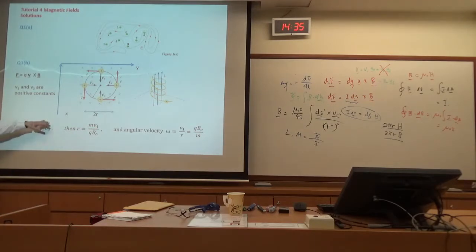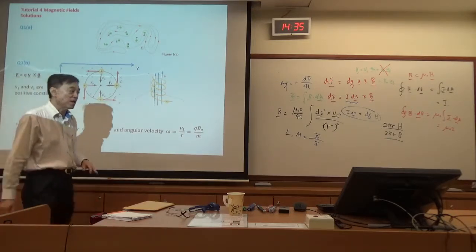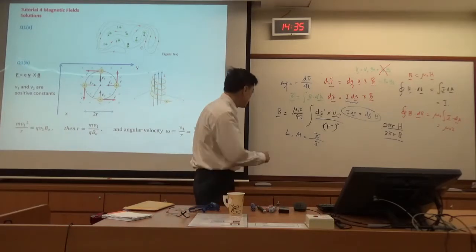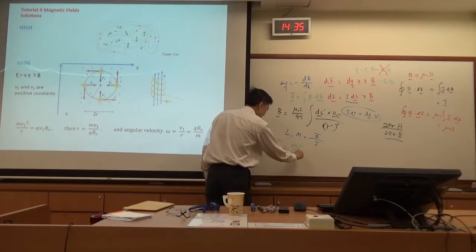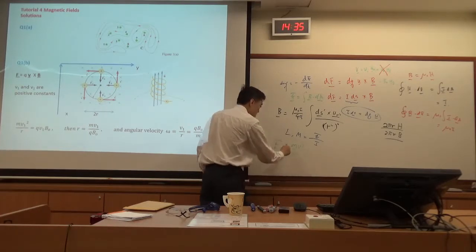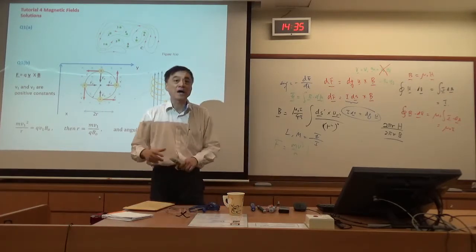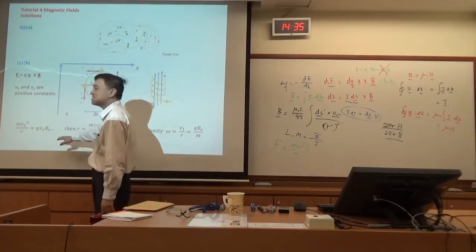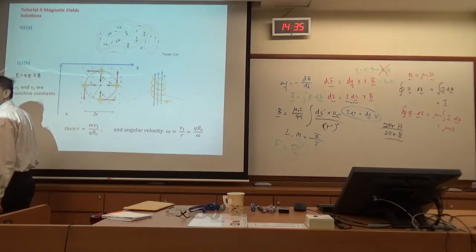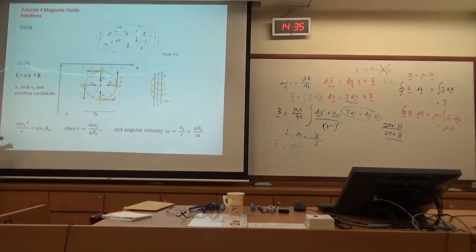This part is mechanics. mv squared over r is equal to force, that is your centripetal motion. I forgot this, I learned it in high school, so I just use the formula.